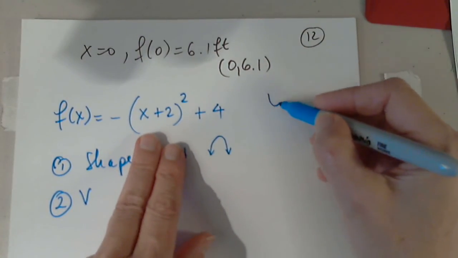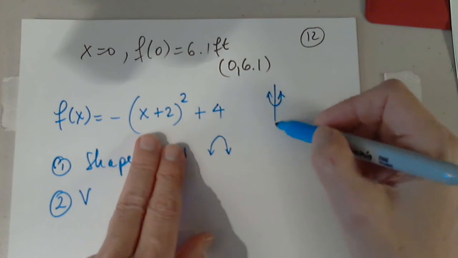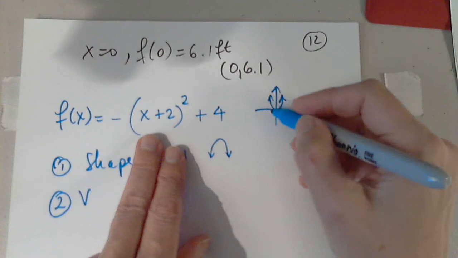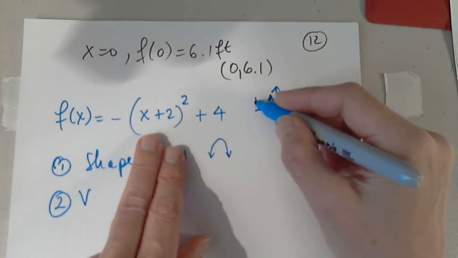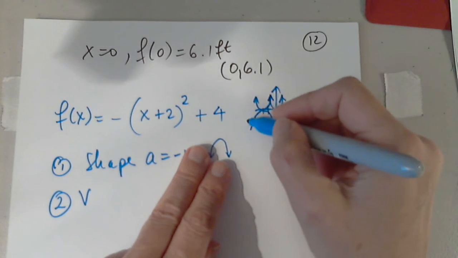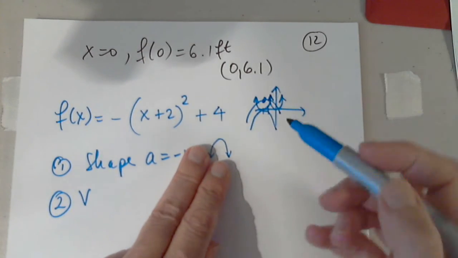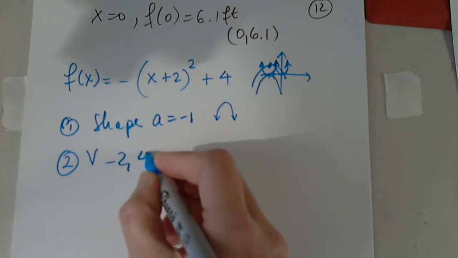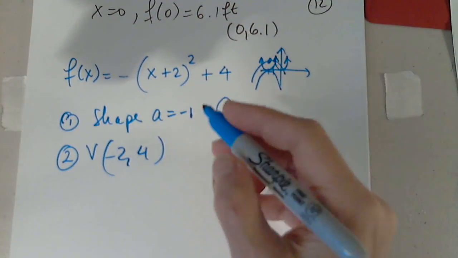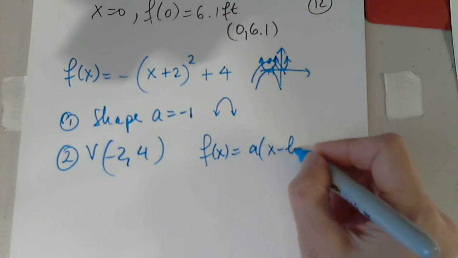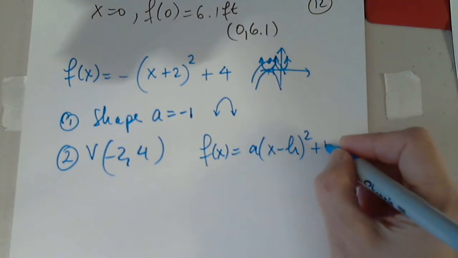Because we know how to graph this in a blink. So we had x squared, right? Then x plus 2 will shift the graph to the left 2. Then we have to reflect. And then we have to go up 4. So I know the vertex, negative 2, 4. And these are those coordinates that I mentioned a few minutes ago.